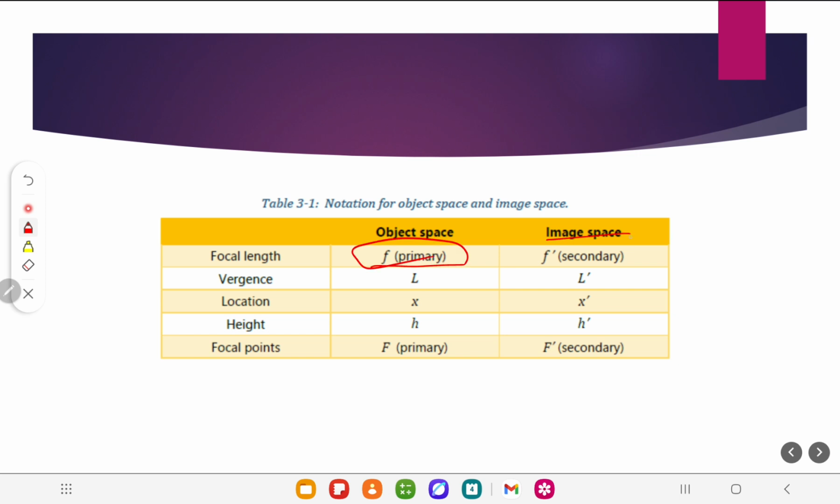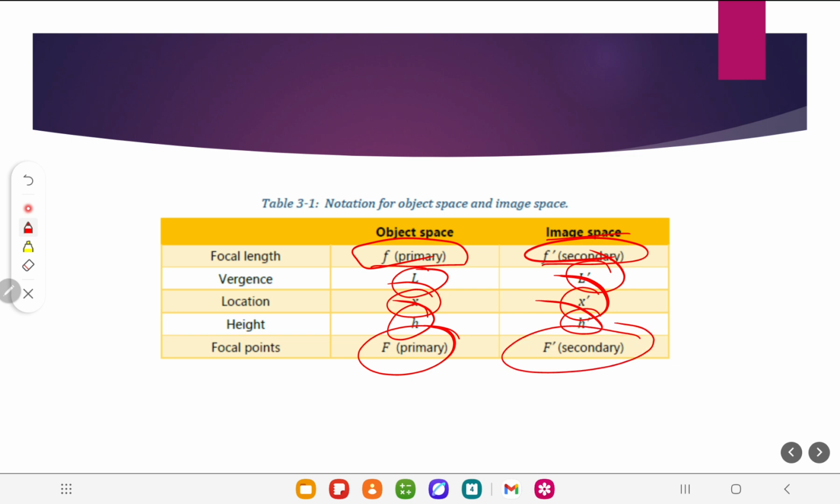For image space, the focal length, which is the secondary focal length, is f dash. Object distance is l, image distance is l dash. Location of the object is x, location of the image is x dash. Height of the object is h, which is in object space. Height of the image is h dash. The primary focal point is capital F, and the secondary focal point is F dash.